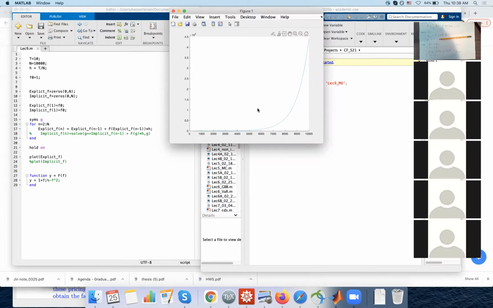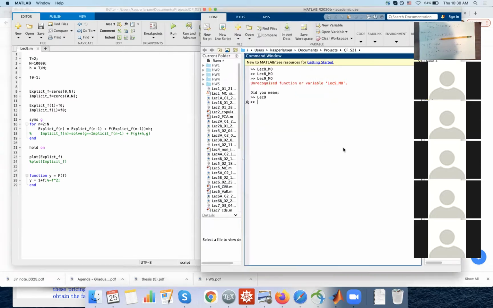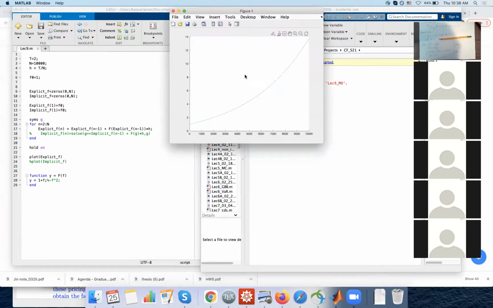The exponential function gets pretty big out near 10, so maybe we should look at it on a shorter horizon. Maybe we just do 2 here. And here we see the approximation. I took the interval from 0 to 2, and I divided it into 10,000 time steps, and I did this approximation. So that looks good.